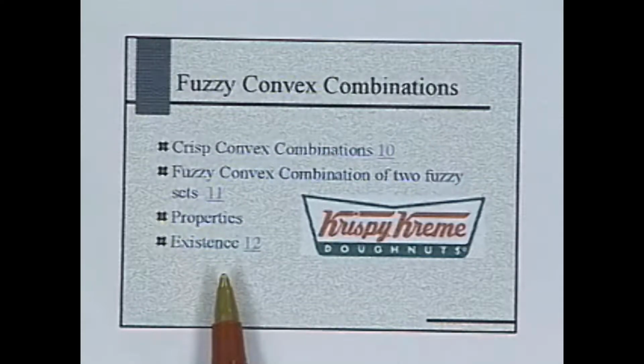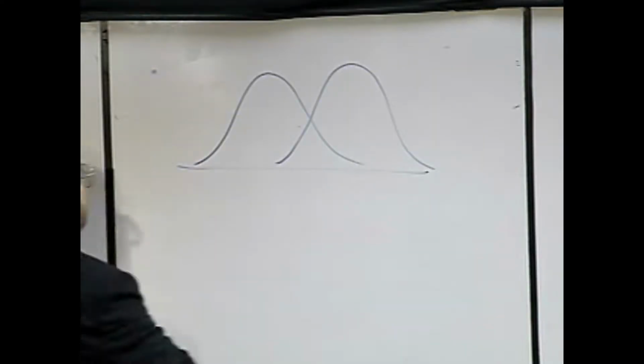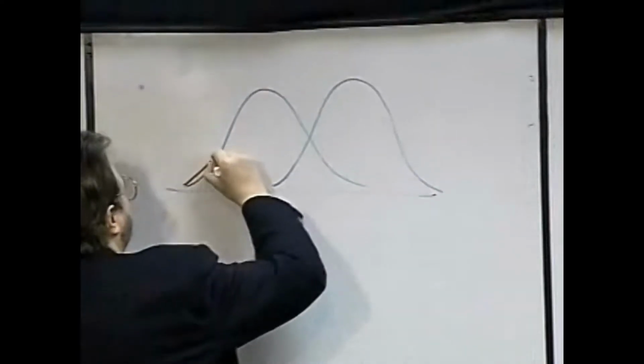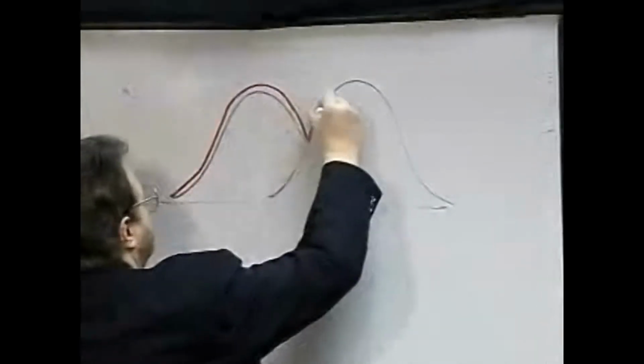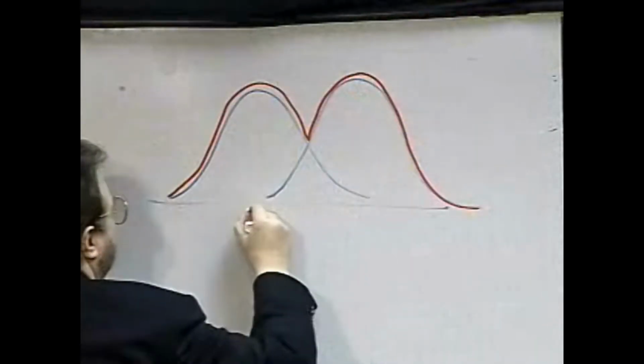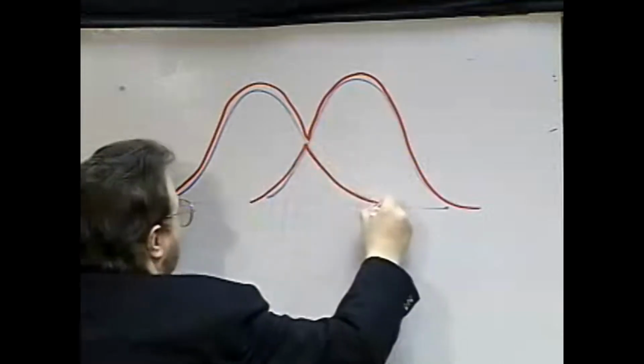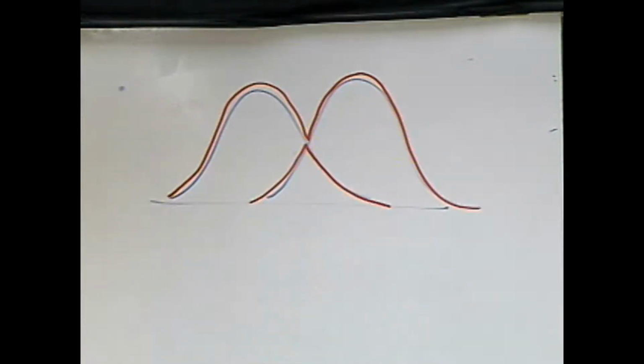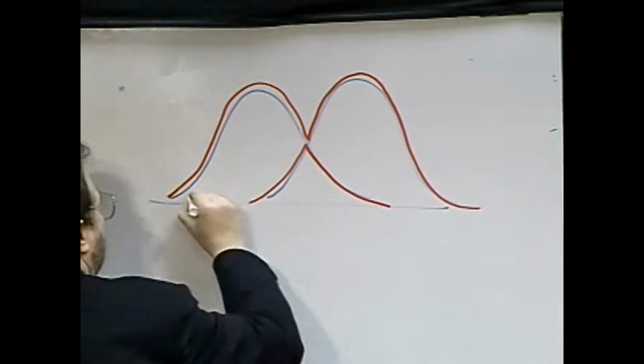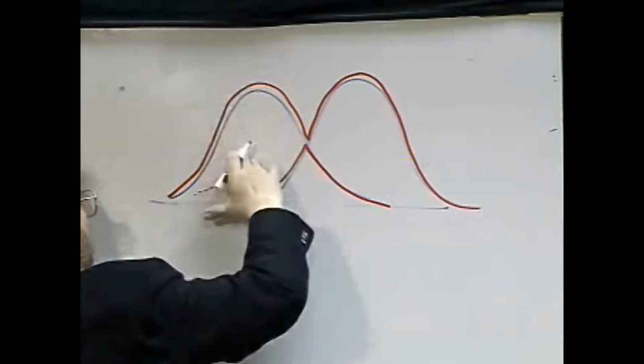That is, if we had one fuzzy set, and we had another fuzzy set, we had two curves. We had the maximum, and we had the minimum. And we said that any fuzzy combination of these two convex sets was always a third convex set, which lay in the intersection somewhere in this region.